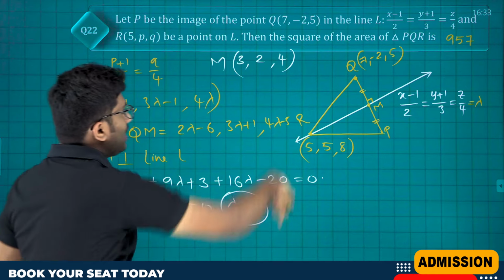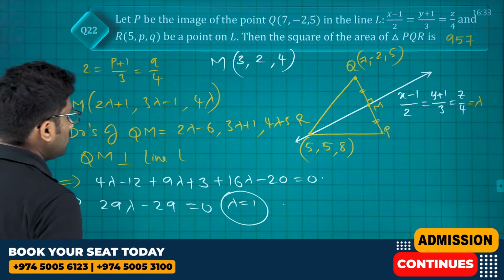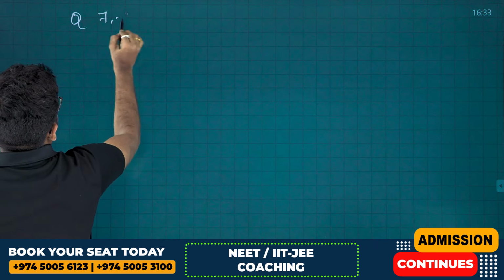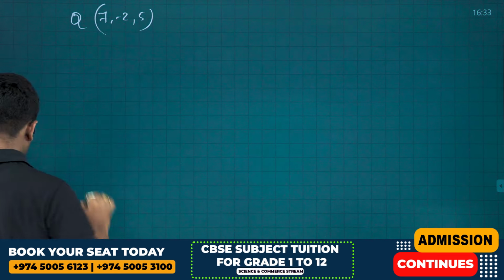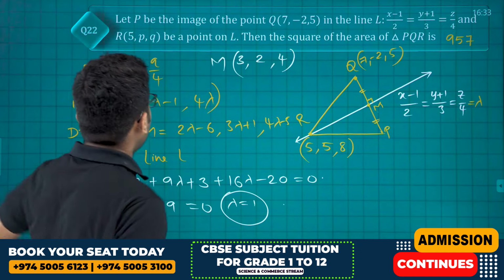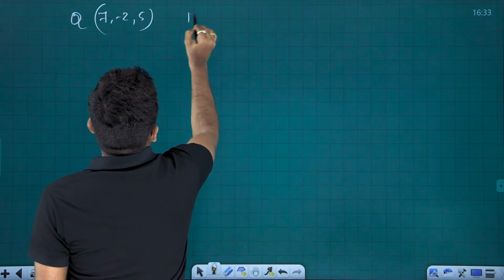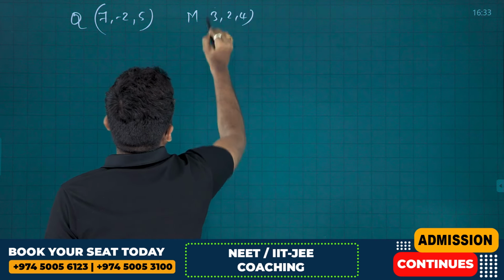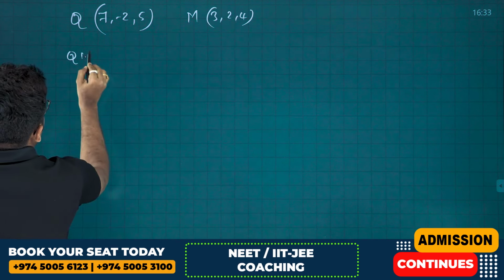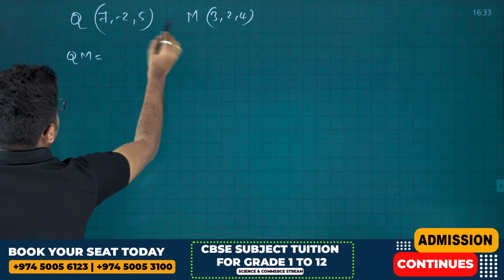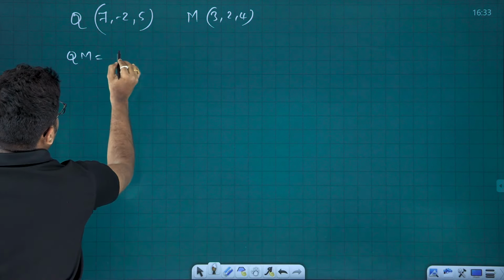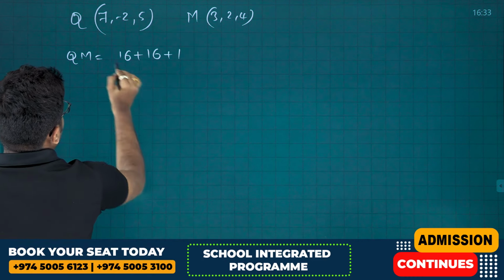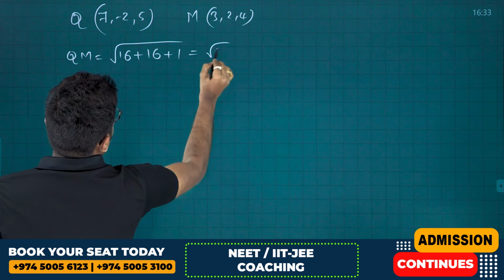So now what will be QM? Q is 7, -2, 5, correct? M is 3, 2, 4. So let's find QM now. QM is equal to 3 minus 7 squared is 16, 2 plus 2 squared is 16, plus 1, that equals root over 33.